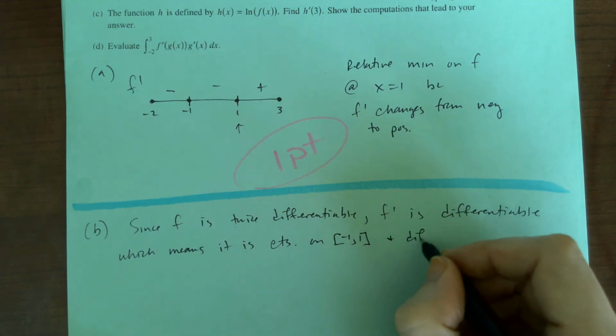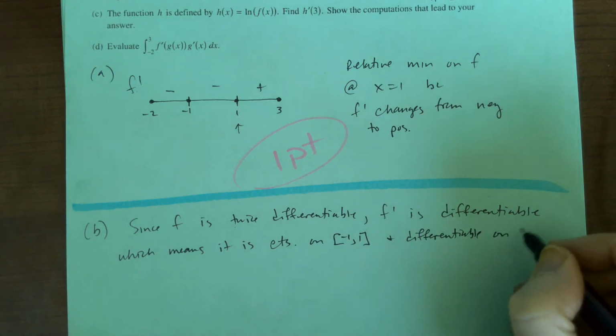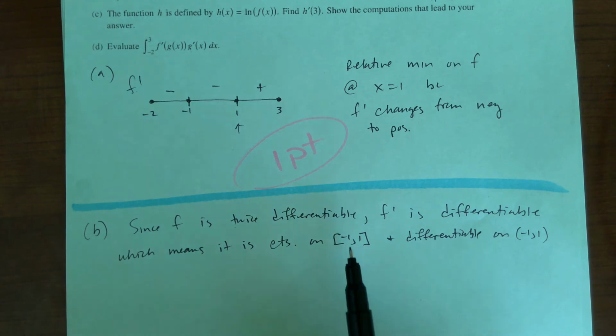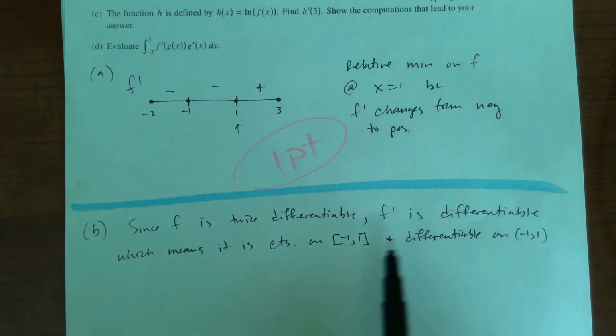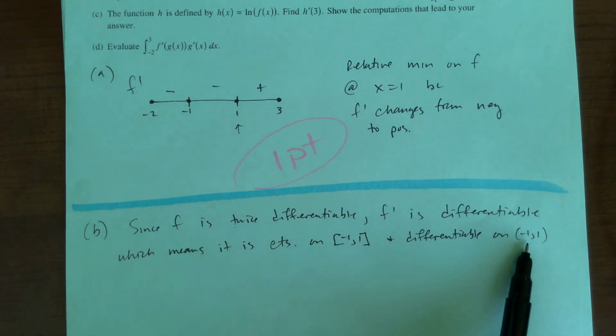And I'll say differentiable on negative 1 to 1. These are the criteria for the mean value theorem. You need continuity on the closed interval and then differentiability on the open interval.